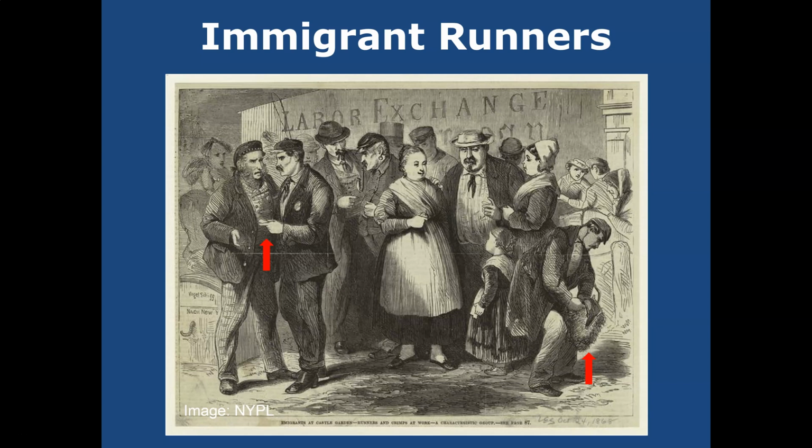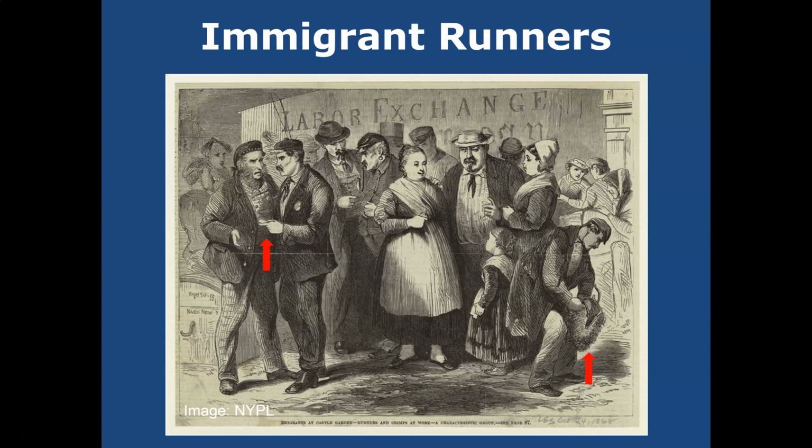So to the right, there's a gentleman who's pickpocketing a lady. To the left, there's a gentleman selling a man tickets. And what the immigrant runners would usually do is they would sell them tickets for a larger than they should price. Sometimes the immigrant runners would sort of hijack the immigrants' bags and force them to stay at a particular hotel where they would be charged large fees for staying there.